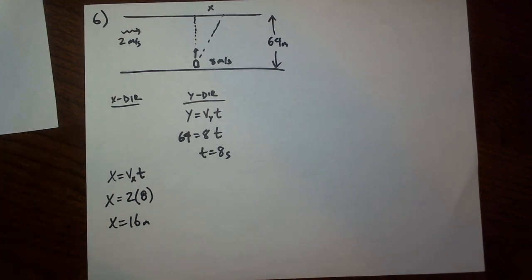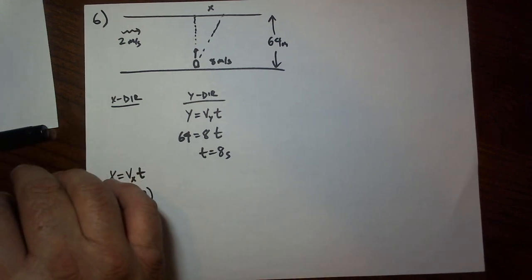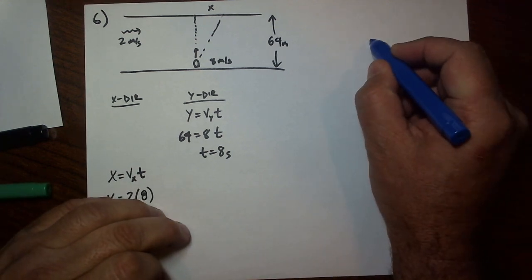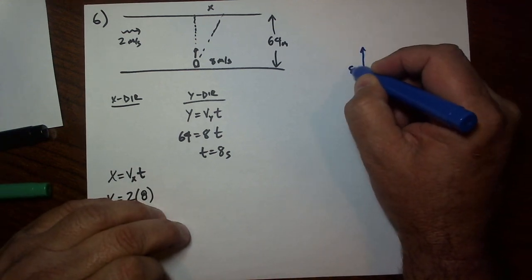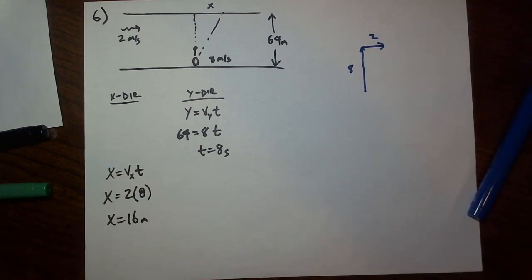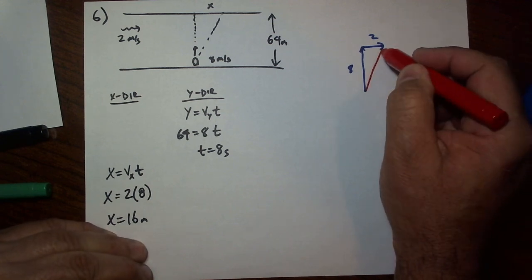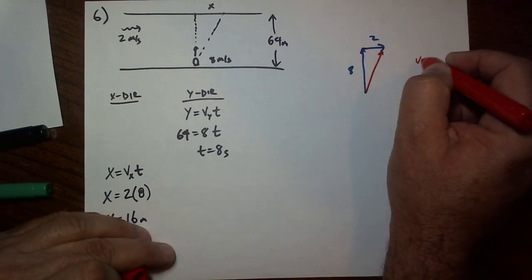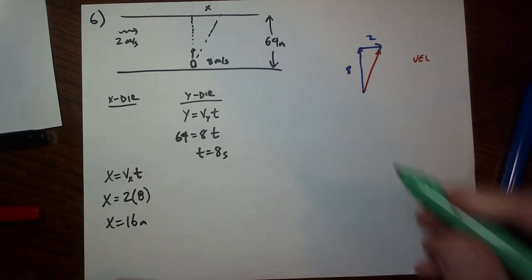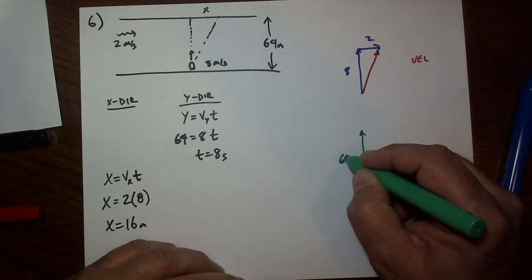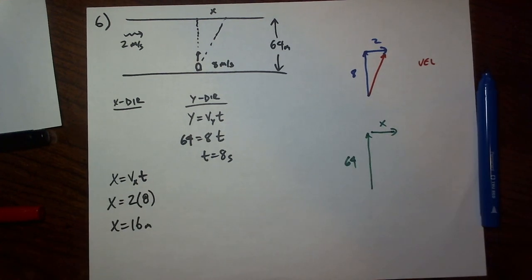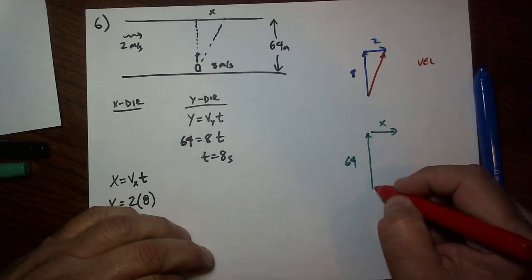If you do it using the vector way, let's do our two triangles. Triangle number 1 has an 8 meter per second y velocity and a 2 meter per second x velocity, and so the boat will actually have that velocity. These are velocities. Then our triangle for distances will have 64 and an unknown amount, and this vector is our displacement vector.